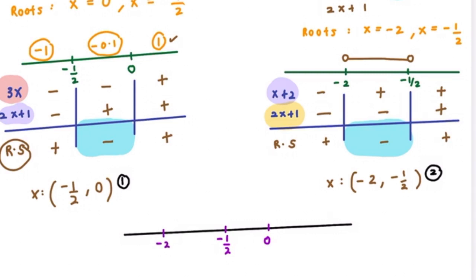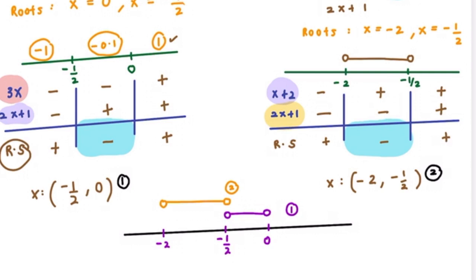Okay, so the first answer will be -1/2 until 0. That is your first answer. Second answer, let's say the second answer will be this one, from -2 until -1/2.